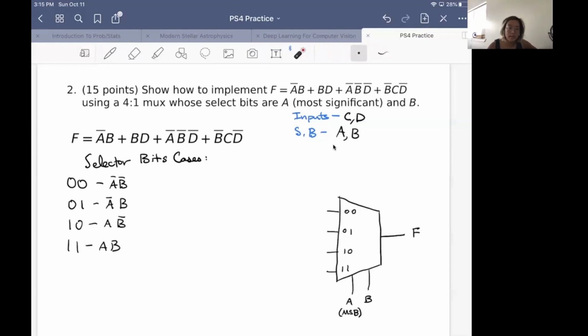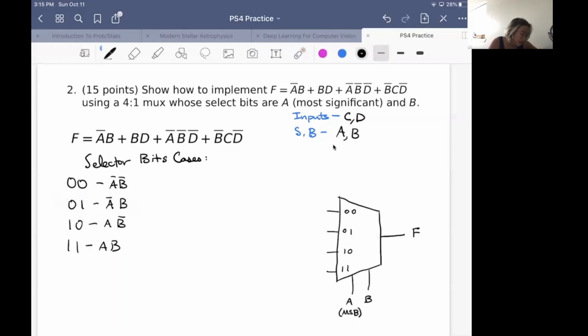So now we can relate the logical expression for f with these cases. The very first minterm in the sum for f is not A, B. Off the bat, we realize that this corresponds to mux input number 1, which is 0, 1.